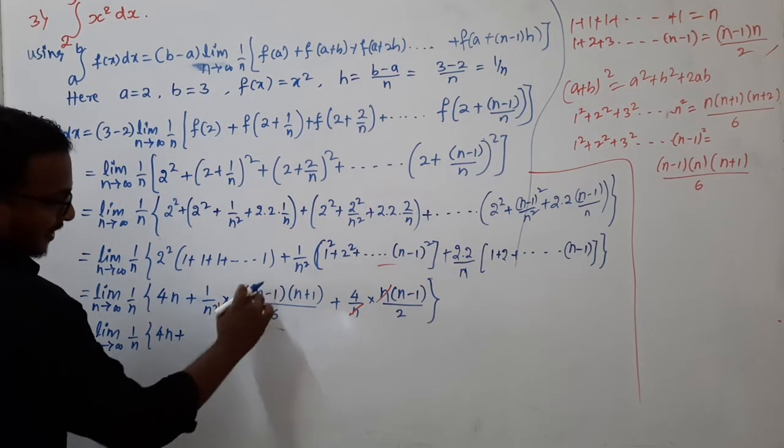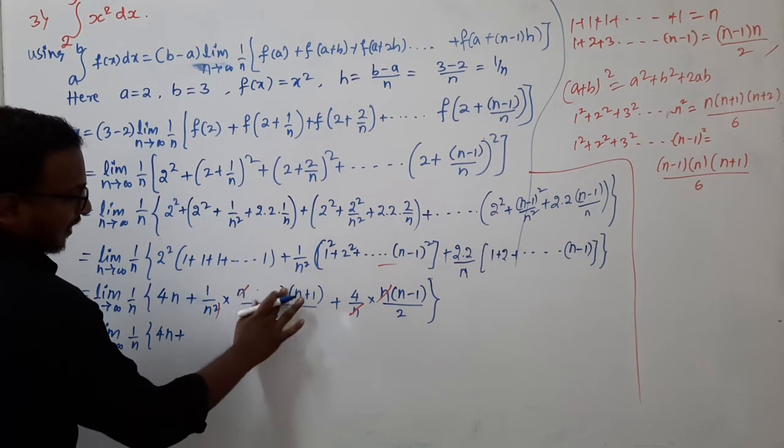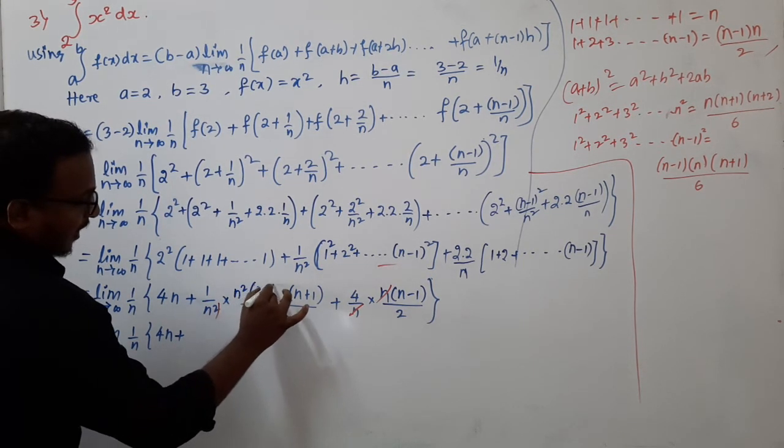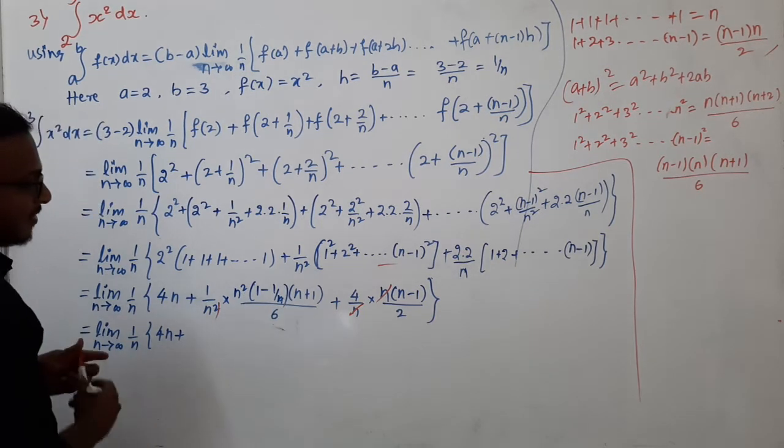First in this one n as a common, it will become n square into 1 minus 1 by n.